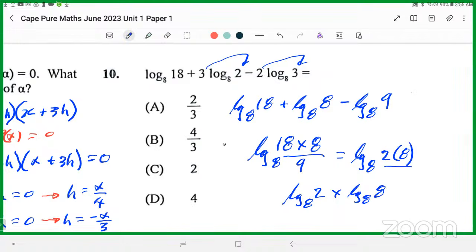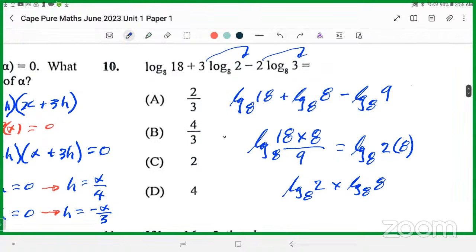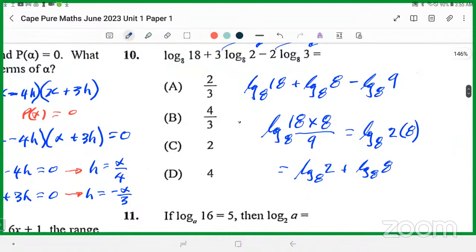That's what this product becomes. No, not times, plus. This is 1. And this one is log to base 8 of 2.